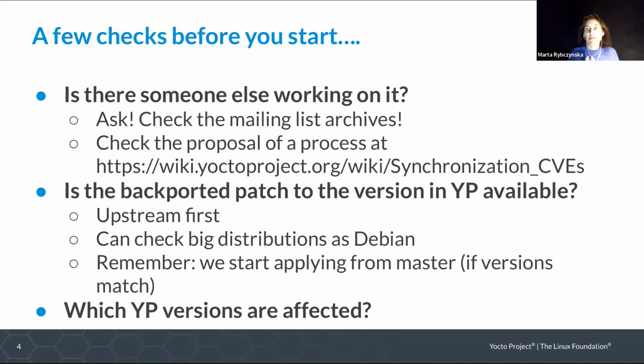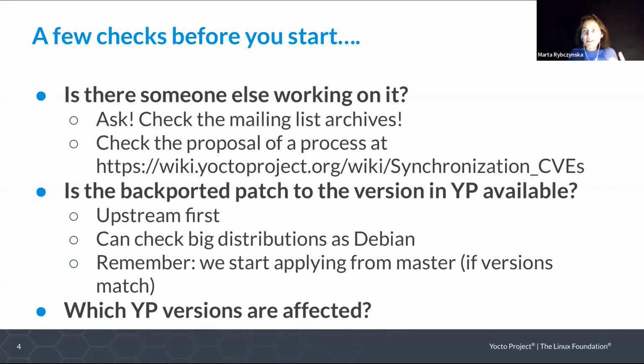But remember one thing. At the Yocto project, we start applying patches from master. It means that if we have the same version, or all versions are affected, you do not submit a fix to Dunfell first. You submit the fix to master first, and it will go down to Dunfell, getting through all the LTSs that we have and stable versions.